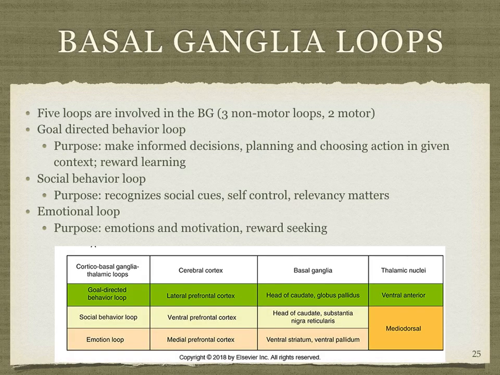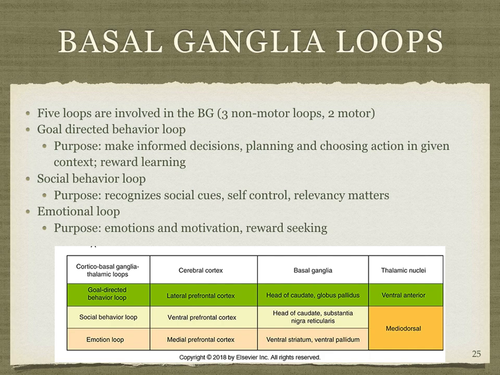So these loops, I'm not going to spend a lot of time going over the three non-motor loops, because we've already discussed this in the limbic system, but then again, I have put those back into this as a review, because as we know, when we see things multiple times, it's important to grasp that knowledge for learning.